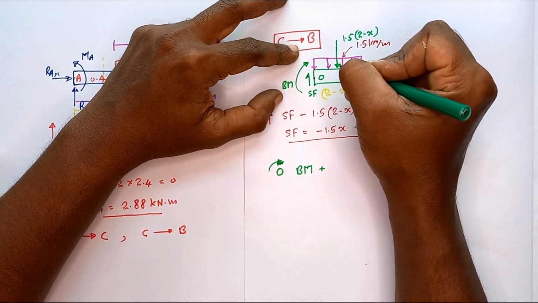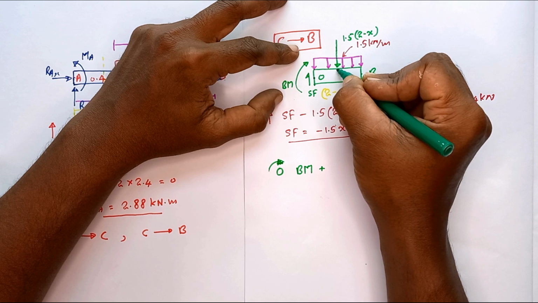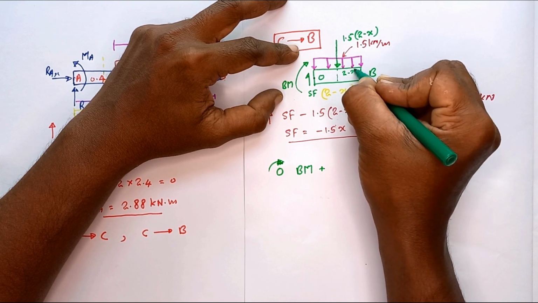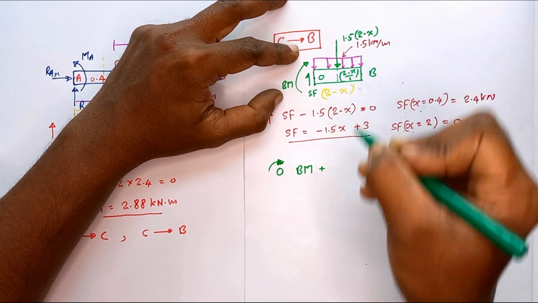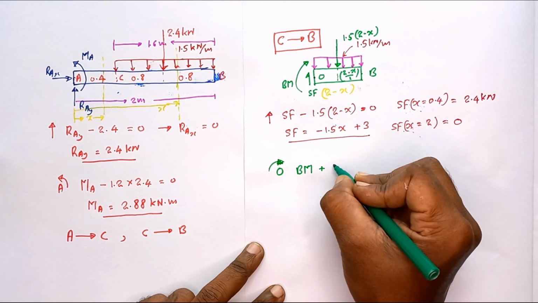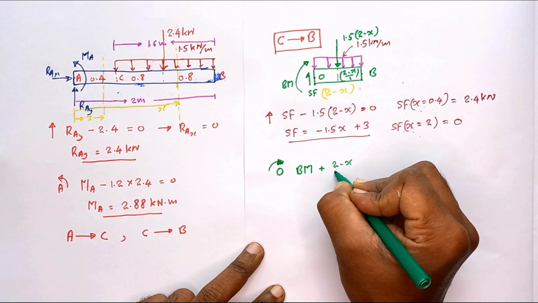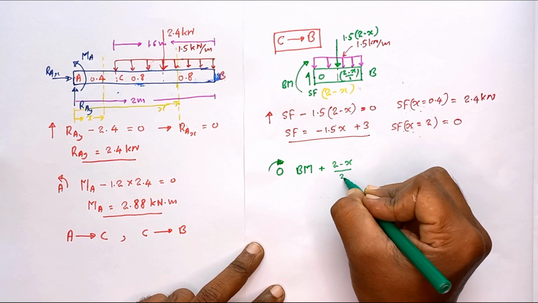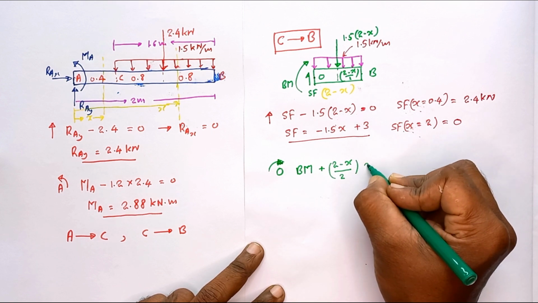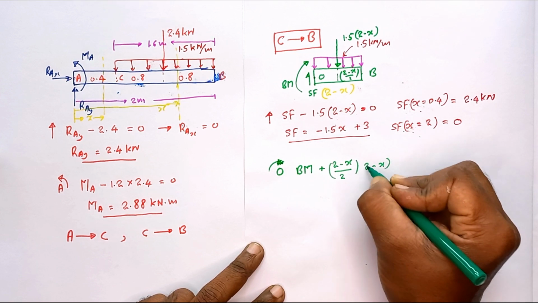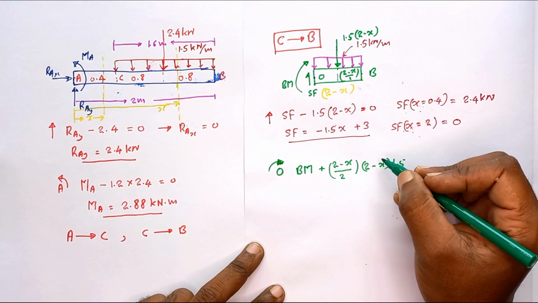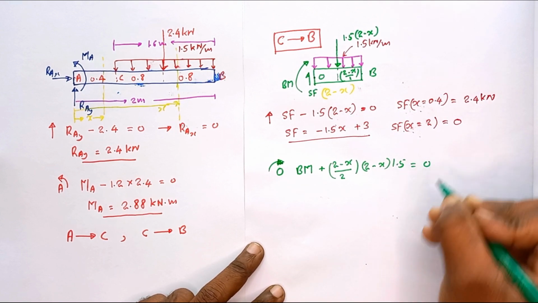This is the resultant of this distributed load acting at the middle. Acting at the middle means the distance from one end is equal to (2 minus x) divided by 2. Okay, by taking the moment, the (2 minus x) divided by 2 is the length from the O point, the magnitude 2 minus x into 1.5, then this is all the moment, that is equal to 0.